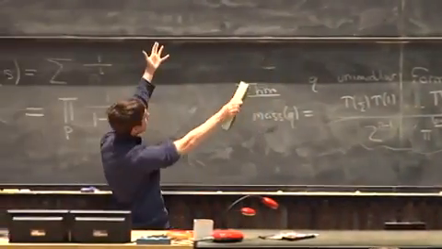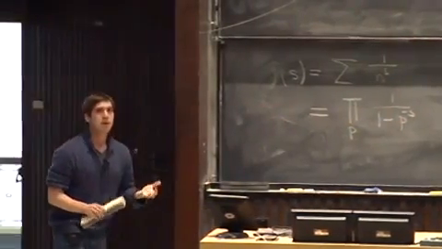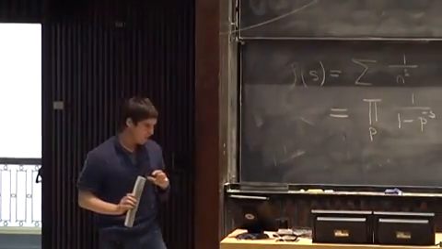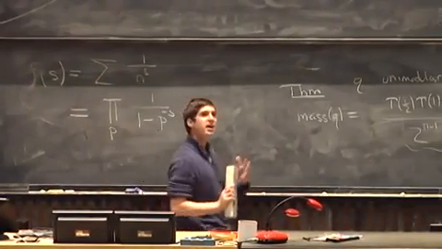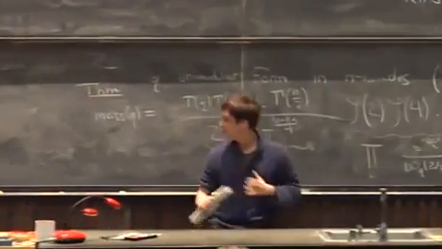OK, so this is the Siegel mass formula, and it's a great theorem. But maybe you're not interested in quadratic forms. So then I ask you, what are you interested in?